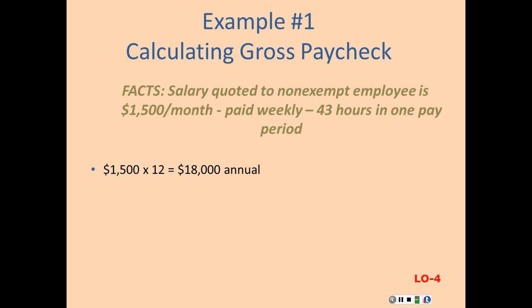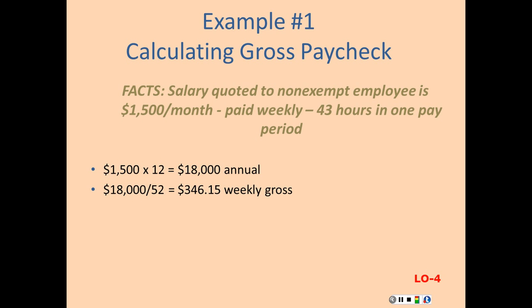First, we annualize the salary, and here we see that done. 12 times 1,500, no issues, no questions about rounding. It is an $18,000 annual salary. But as soon as we take that $18,000 and divide, we're going to introduce rounding issues. This $18,000 divided by 52, the display here is telling us, is $346.15 weekly gross.